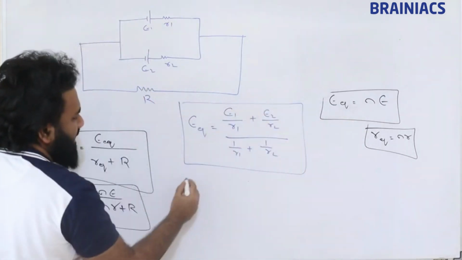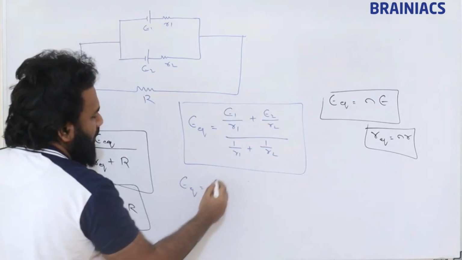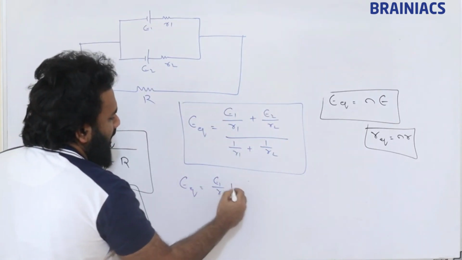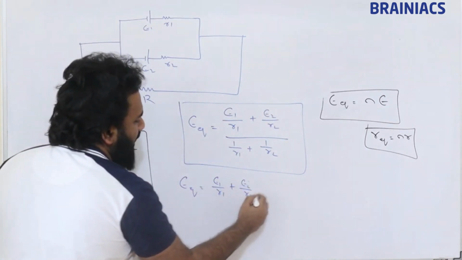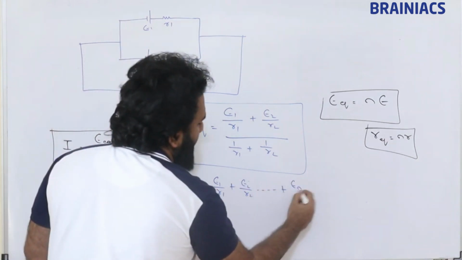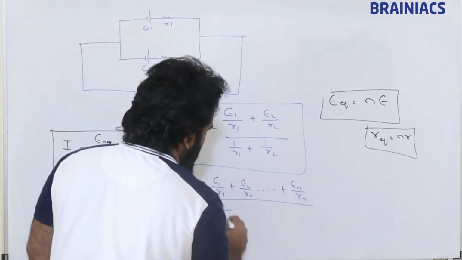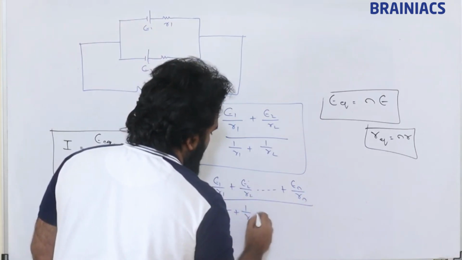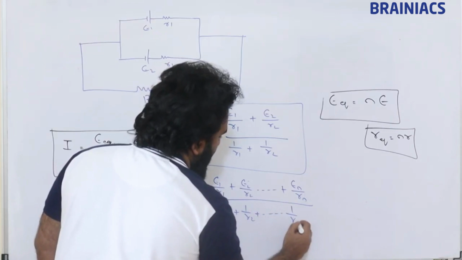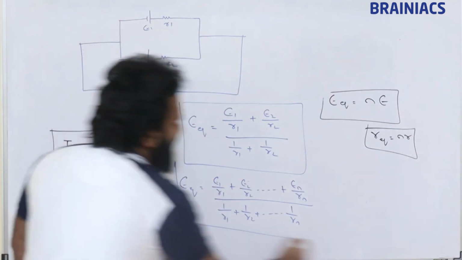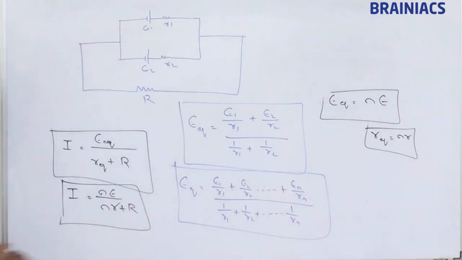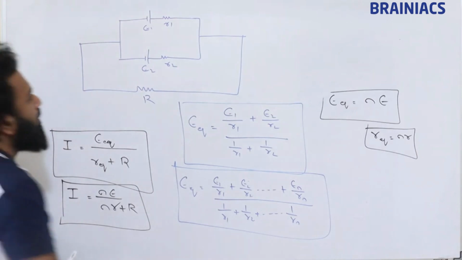If so many cells are there, E equivalent is nothing but E1 by R1 plus E2 by R2 up to En by Rn, divided by 1 by R1 plus 1 by R2 plus up to 1 by Rn.